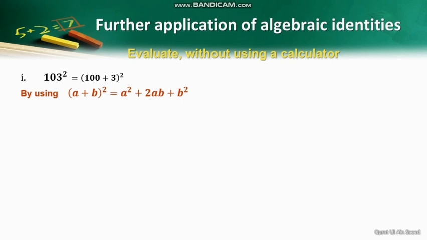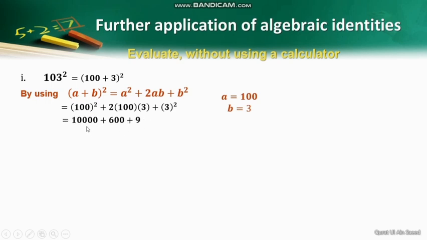You will write the first identity, compare it with the square of 100 plus 3, identify a and b, and insert those values in the right hand side, a squared plus 2ab plus b squared. Solve the individual terms. We get 10,000 plus 600 plus 9, and hence adding up all the values we get 10,609.